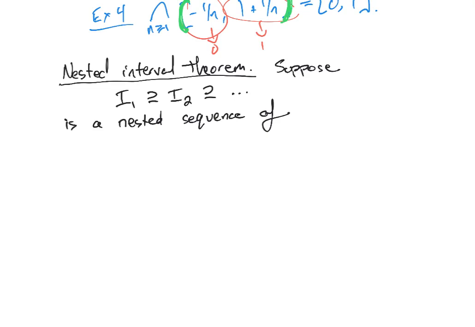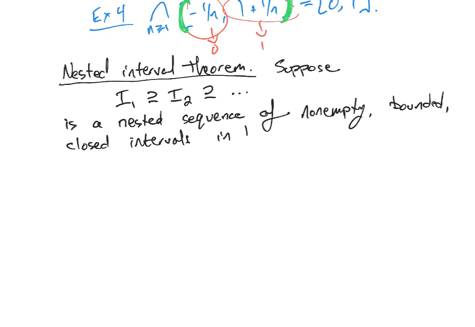I'm going to add that they're also non-empty. So they're non-empty, bounded, closed intervals in the real numbers. Then your conclusion is the intersection is not empty.